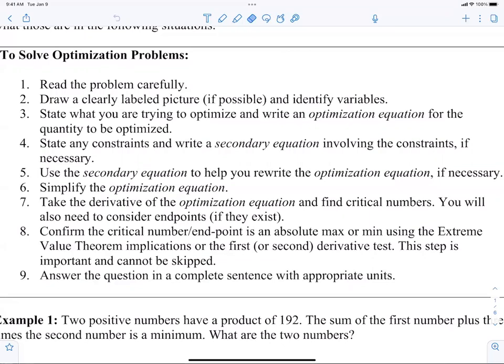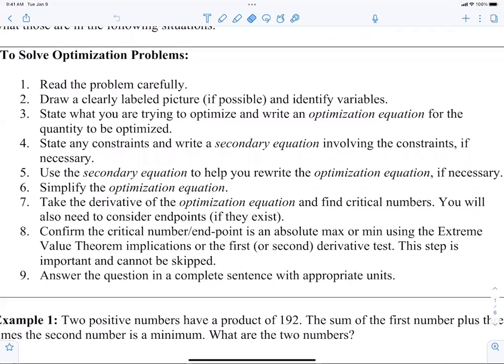Words like maximize, maximum, find the largest value, find the fastest time might be used, and you need to read the problem and interpret what is being asked of you. But for all of these problems, you are being asked to find either an absolute maximum or an absolute minimum. It's like linear programming. Also used for optimization, but this is using calculus.